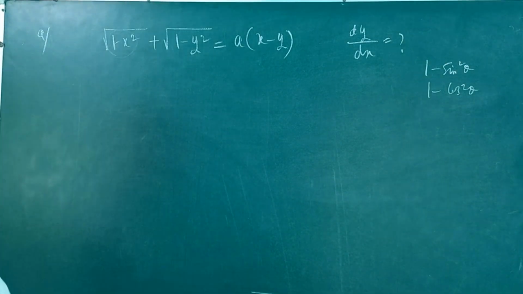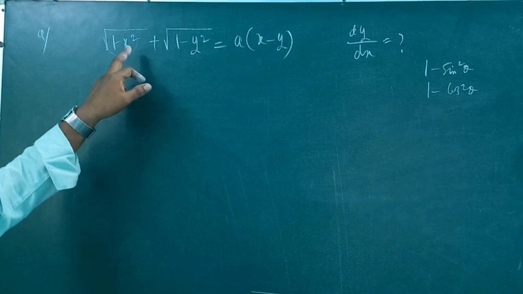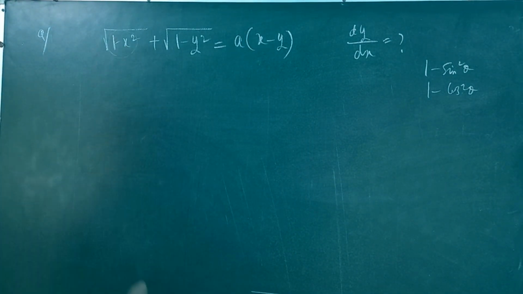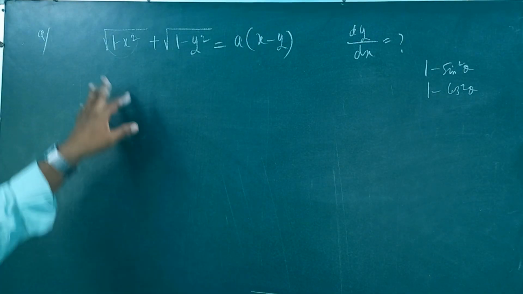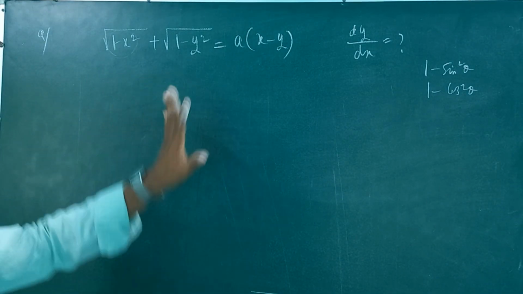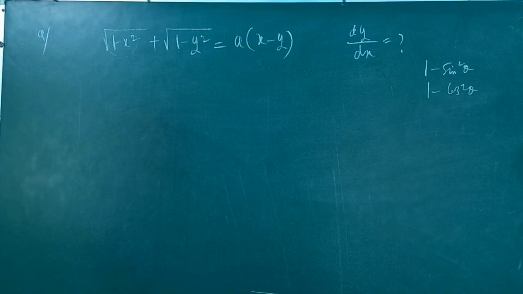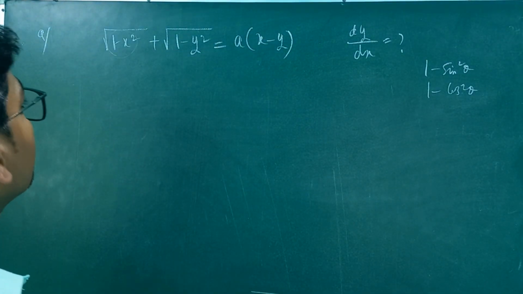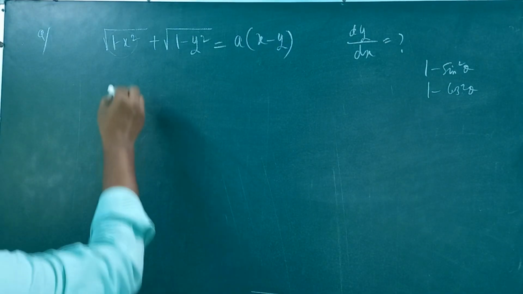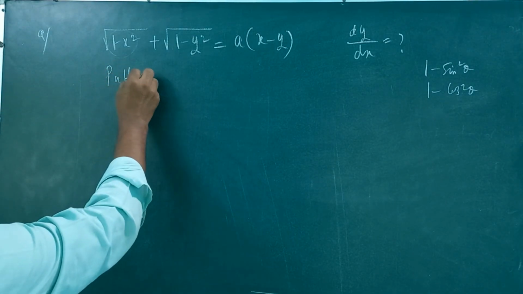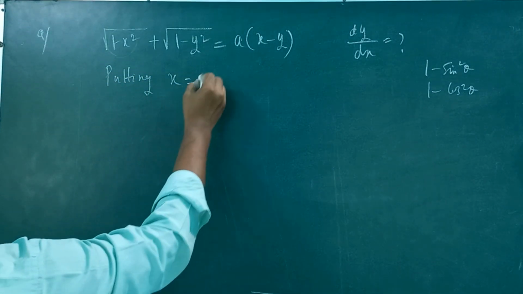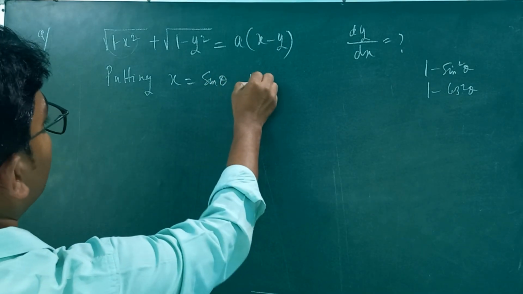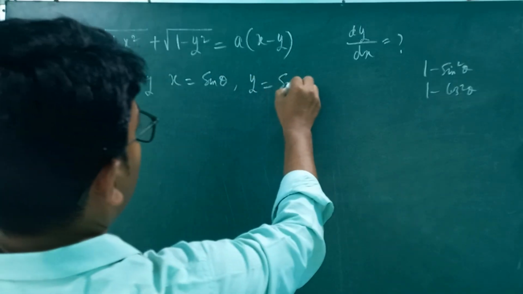In this structure, if you replace here x as sin theta or cos theta, you will get simply this one is cos or sin. So before calculating the derivative, we convert this function in a trigonometric way. Suppose replacing here x equal to sin theta and y equal to sin phi.